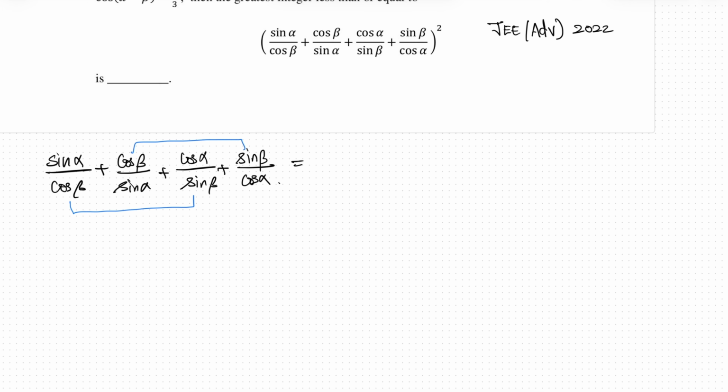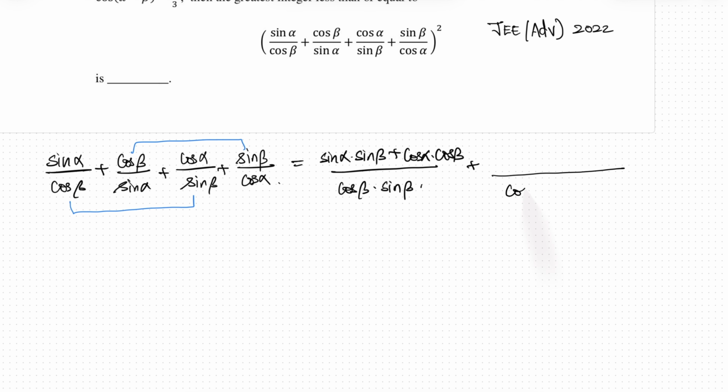In the denominator I will have cos beta times sin beta. Similarly for the other pair, cos alpha times sin alpha in the denominator, and the numerator is cos alpha cos beta plus sin alpha sin beta.